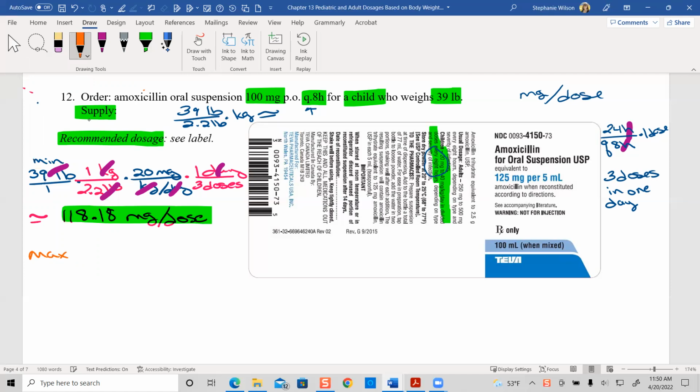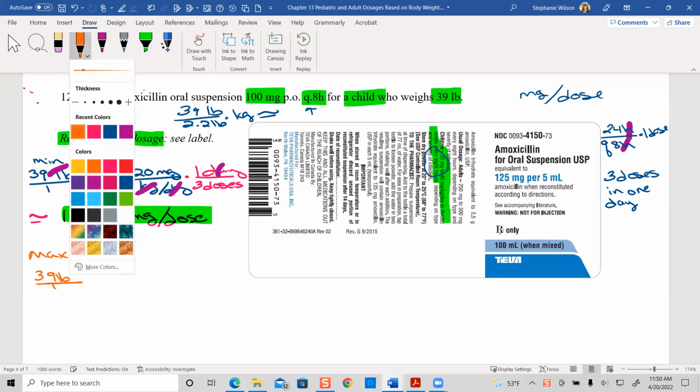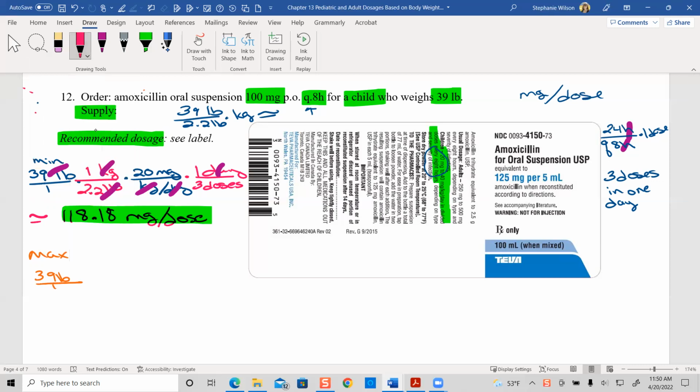recommended dosage. So I have a patient who weighs 39 pounds. And I'm going to put in the needed conversion. Okay, now we have a maximum of 40 milligrams per kilogram per day.